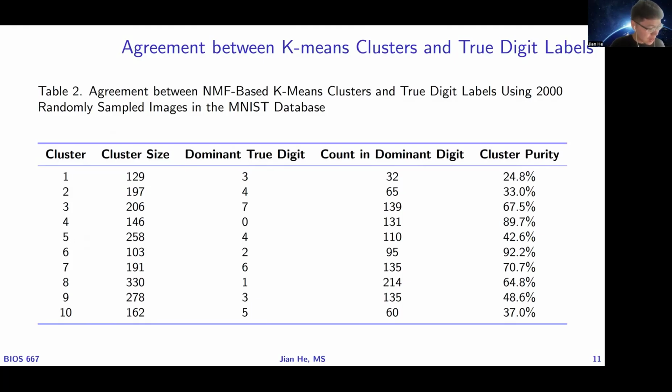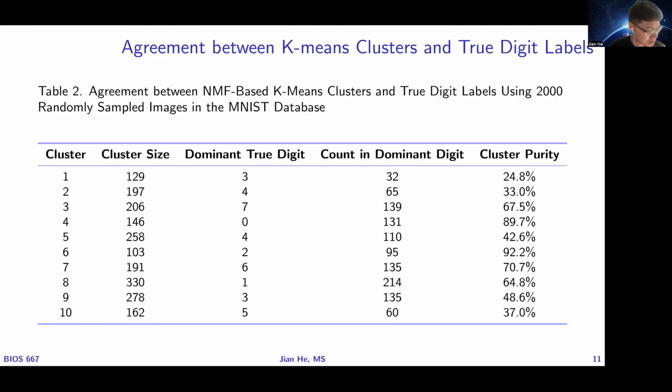And I calculated the overall class purity, which was 55.8%. As we can see from the table, a couple of clusters showed a strong correspondence with single digits. So cluster 4 for digit 0 with a class purity of almost 90%, and also cluster 6 for digit 2 with a class purity of over 90%, 92.2%.